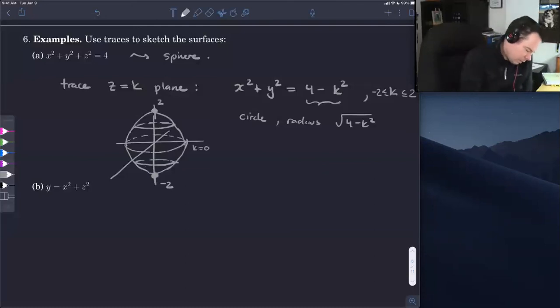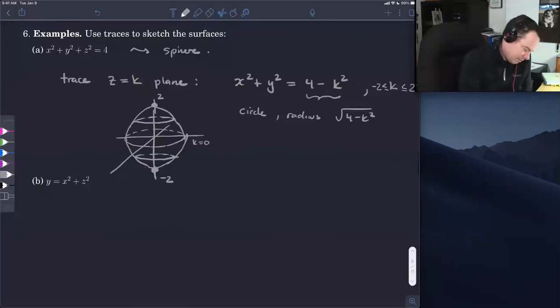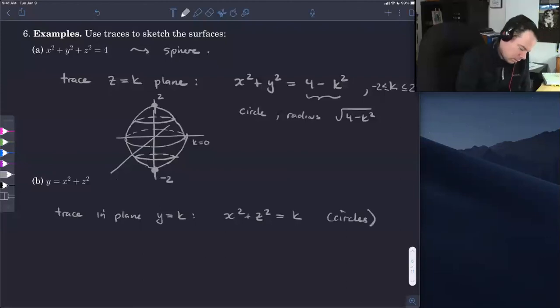The last one, just so you have another example, one that we've seen before, but we'll do it again using traces. So we'll go traces in plane y equals k. So this would be x squared plus z squared is equal to k. These are circles. But we could also go trace in plane, maybe I'll say x is equal to 0.